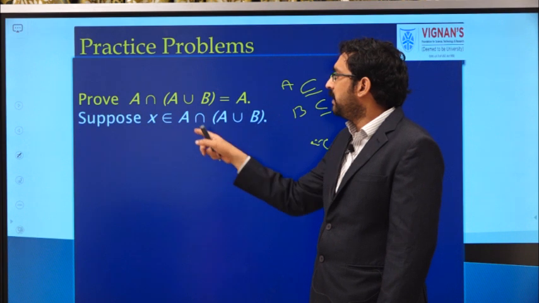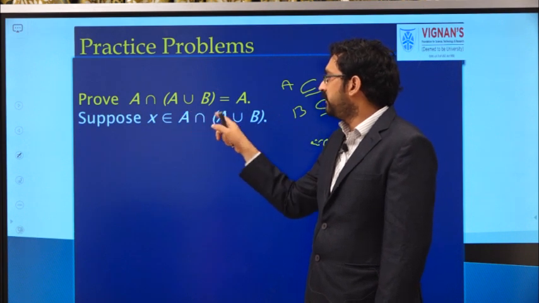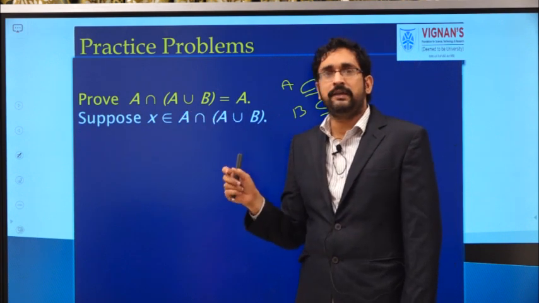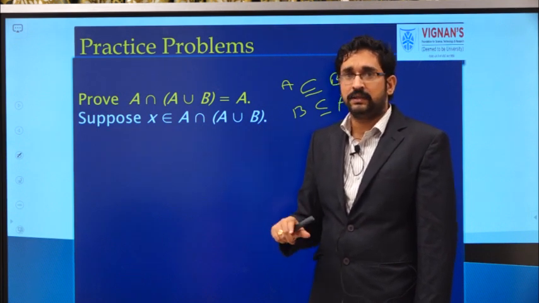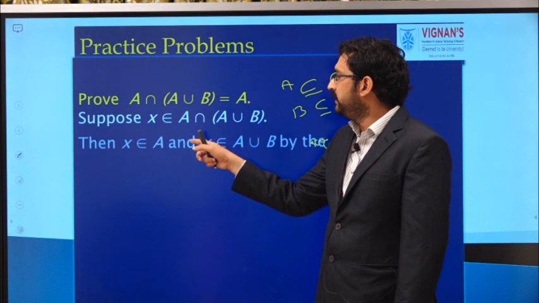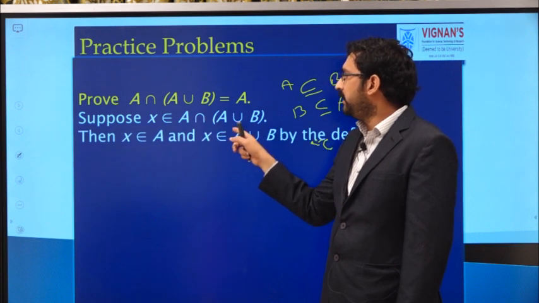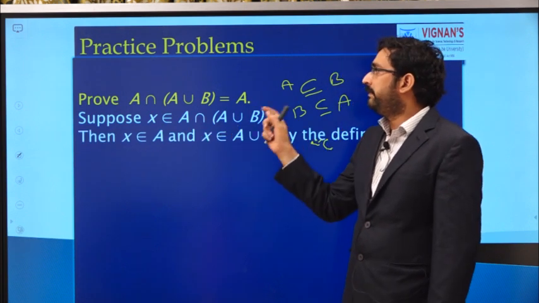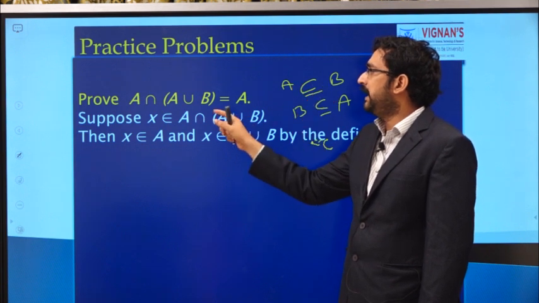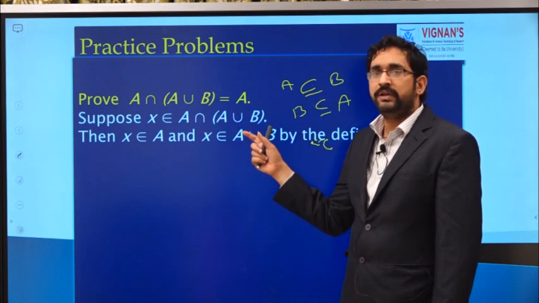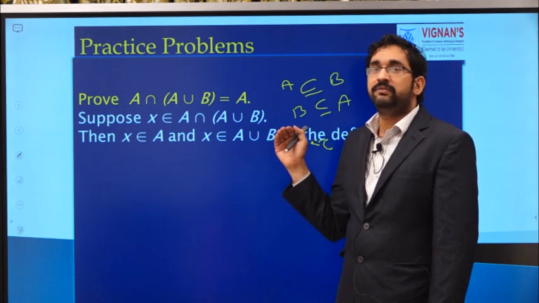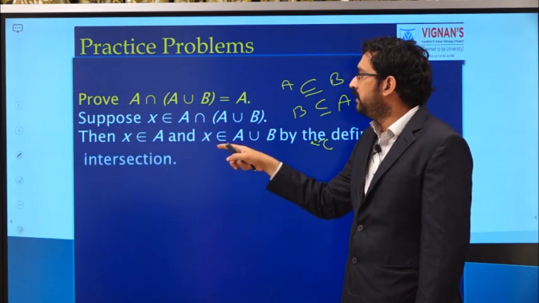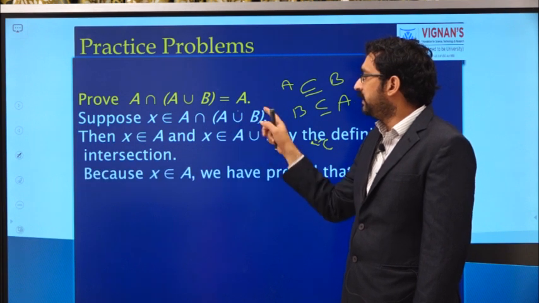Let X belong to A intersection (A union B). We know that if an element is in an intersection, it will be in both sets. Hence it can be written as X belongs to A and X belongs to A union B. So by taking an element X from A intersection (A union B), we proved that X is also in A. That means we proved that A intersection (A union B) is a subset of A.